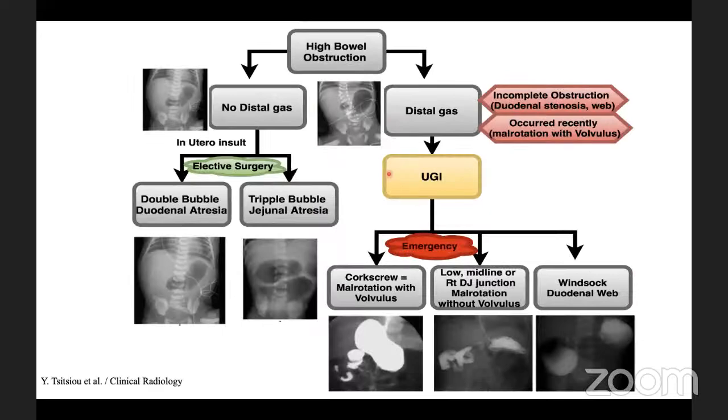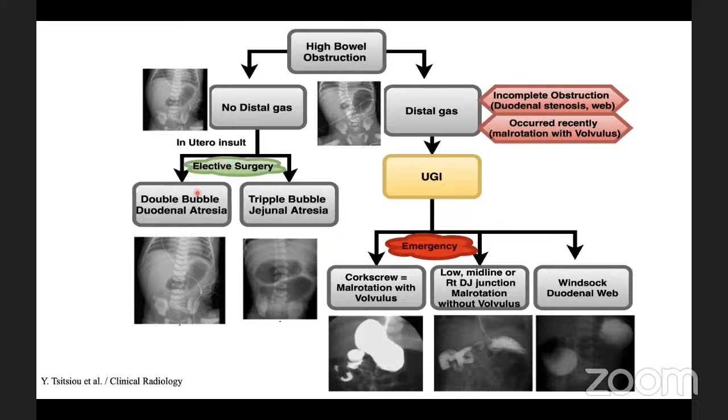So if there is upper bowel obstruction, the next question is whether there is distal gas or not. If there is no distal gas, for example, in this X-ray, it means that the insult occurred in utero, and you have time to refer the baby as an elective surgery to tertiary care if you do not have pediatric surgery facilities.